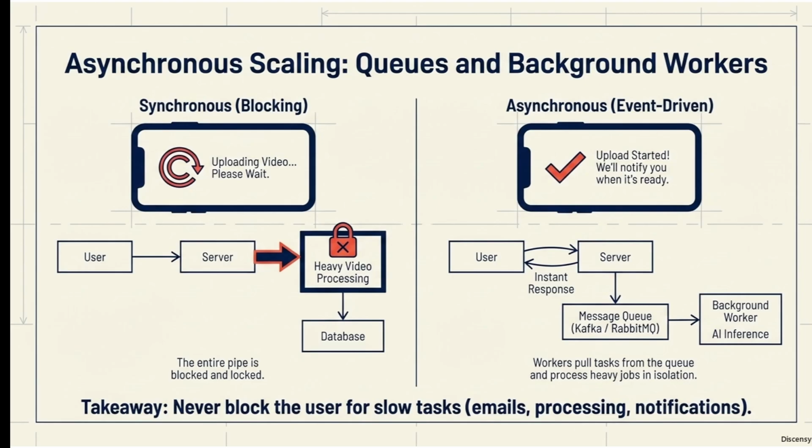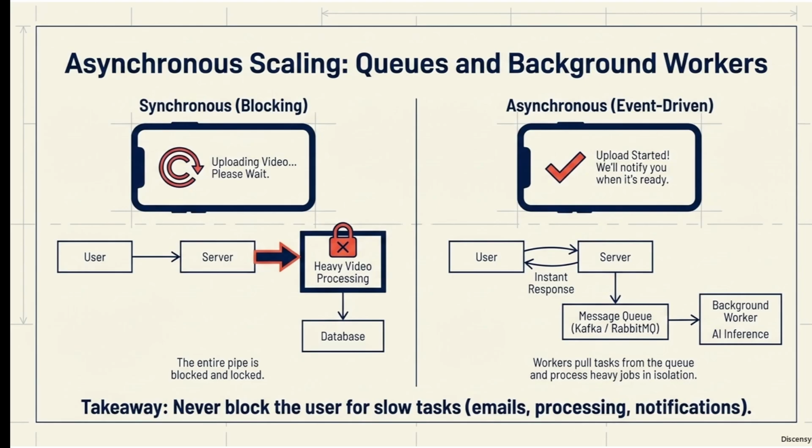But in asynchronous, it goes from the user to the server, or it might also return back to the user, and from the server to the message queue, and from there, background worker AI inference. So the entire pipe is locked in synchronous. But workers pull tasks from the queue and process heavy jobs in isolation. That is in the case of asynchronous.